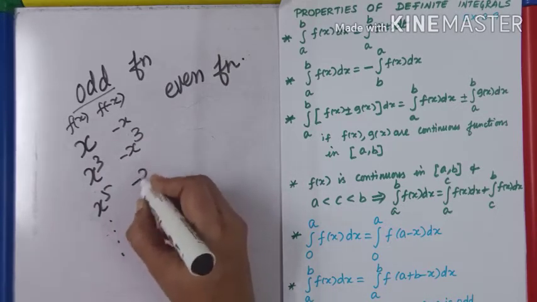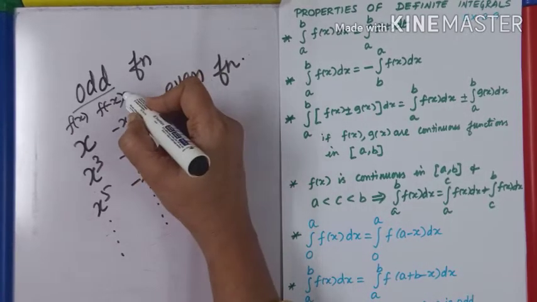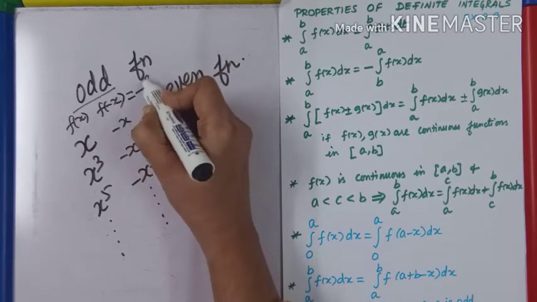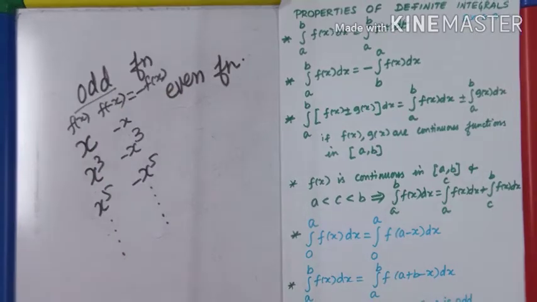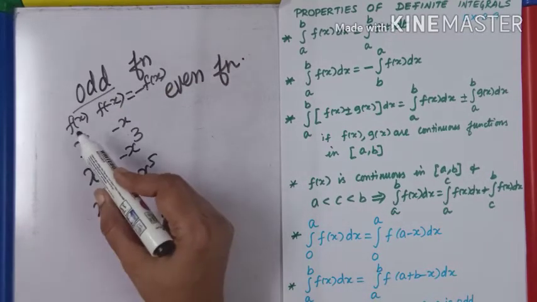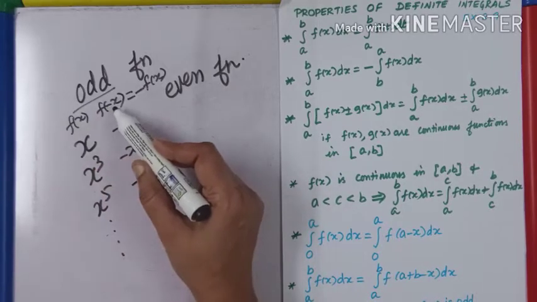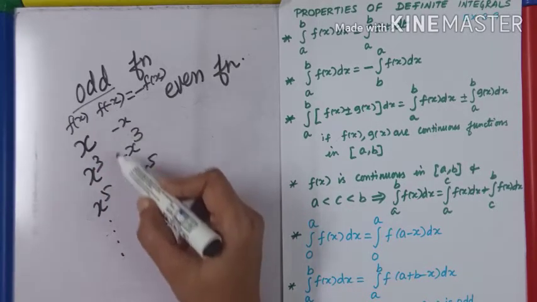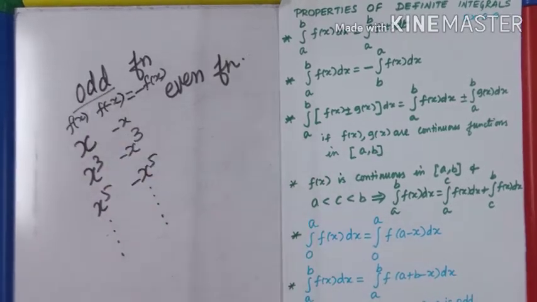Minus x the whole power 5 is minus x power 5 and so on. So, f of minus x is becoming minus f of x. So, that is called an odd function. Wherever x is coming, if I replace it by minus x, the sign itself changes.